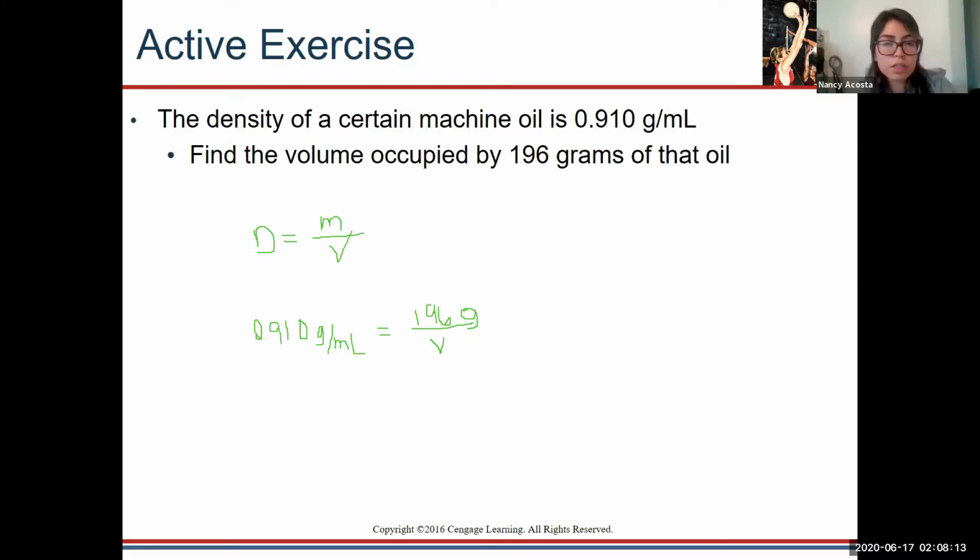Okay, so now let me write it down. I think I would divide the grams by this portion, the density.